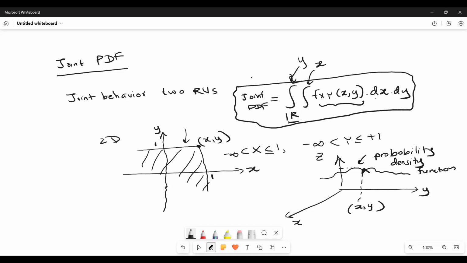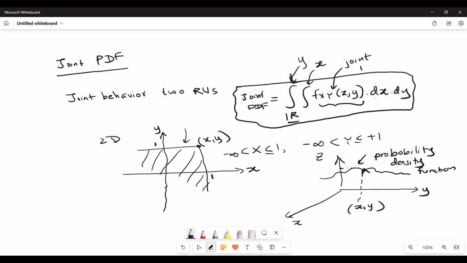For this, this is a joint PDF function. Once we want to find a probability, we need to use this integration.